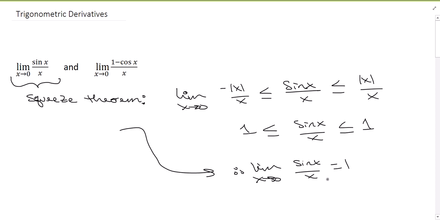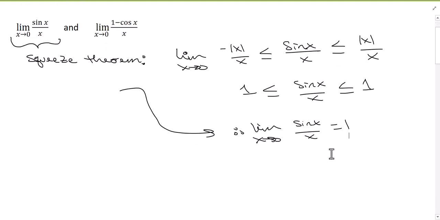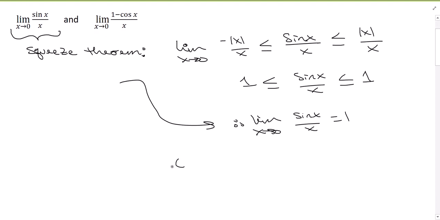We're going to use this in order to come up with a derivative for our trig functions, mainly sine and cosine. There is a geometric proof for this, and I will record a video for those of you who want to see it. It's pretty interesting.